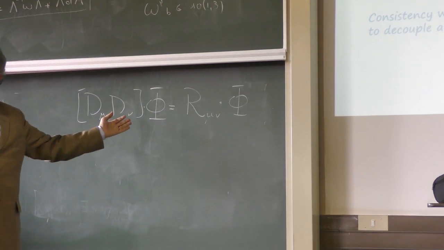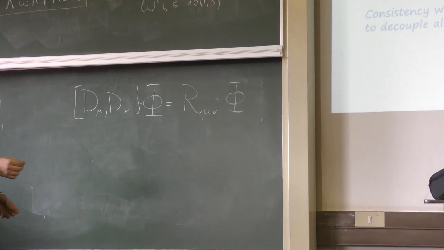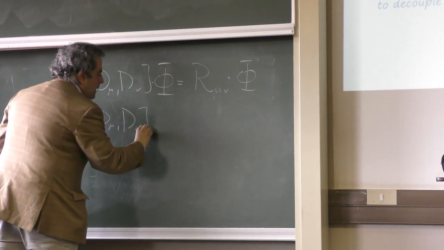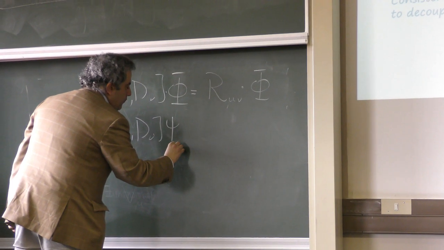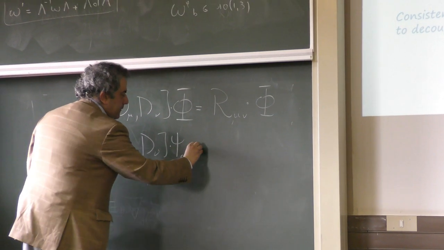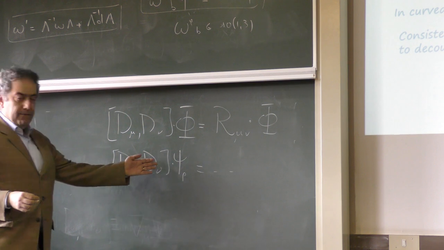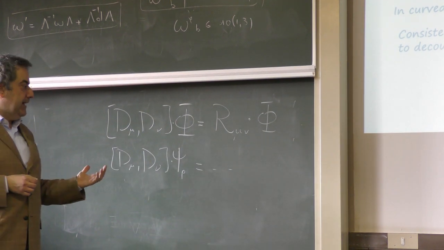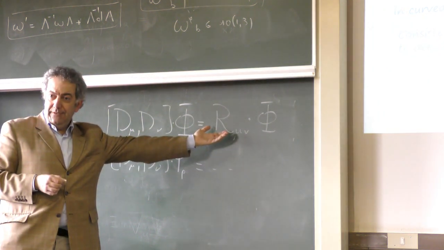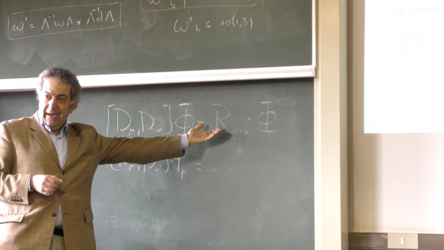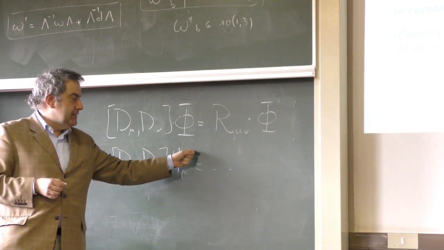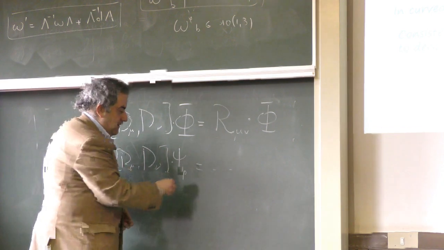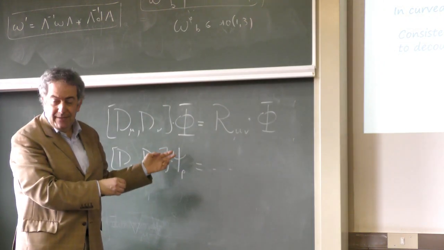You can verify this equation. Just compute the commutator of D mu on psi rho, acting on psi rho. With this exercise, you will find the Riemann tensor acting on all the indices of this field. There are two indices, one of which I suppressed.